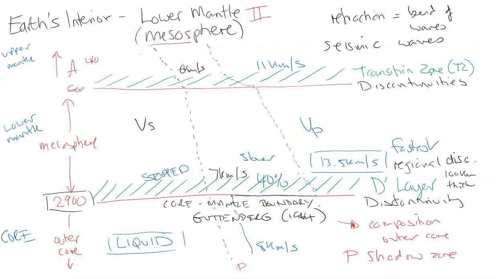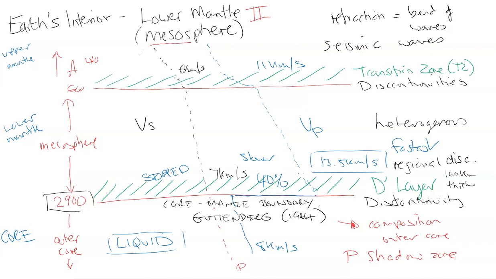So in various areas of the Earth, you'd have a slowing or speeding up of the waves, but it wasn't consistent around the entire world. And they also realized that the composition must be heterogeneous compared to the rest of the mesosphere, which would probably be homogeneous in terms of the olivine, pyroxene, and pyrrhotite phase changes.